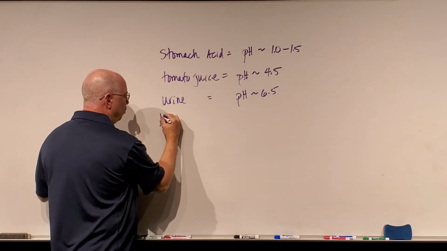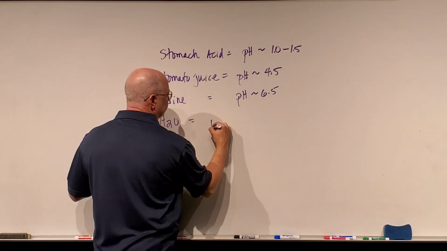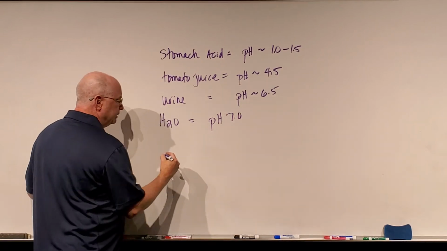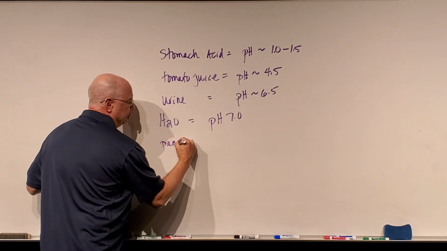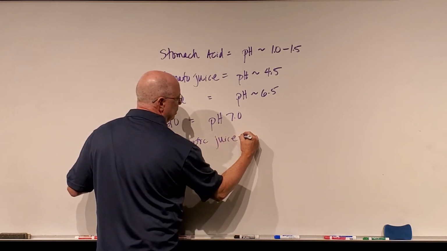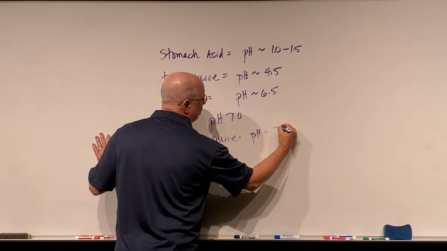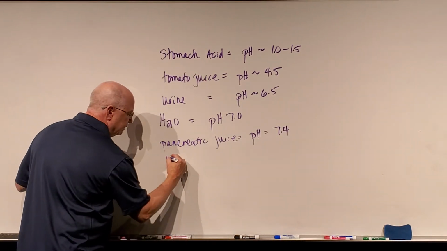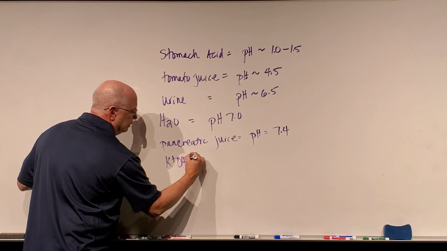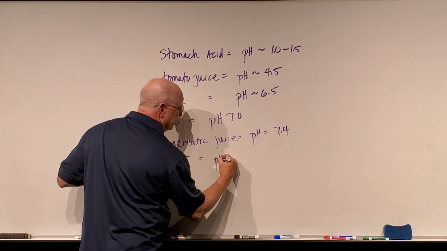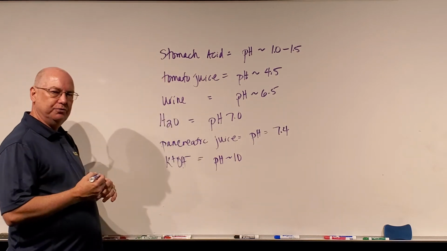I take pure water, which has a pH of 7.0. I take pancreatic juice. Your pancreas is going to release a juice called pancreatic juice. And the pH of that is somewhere around 7.4 to 7.5. And let's say I take a stuff called potassium hydroxide, KOH, and it has a pH of about 10 or so.